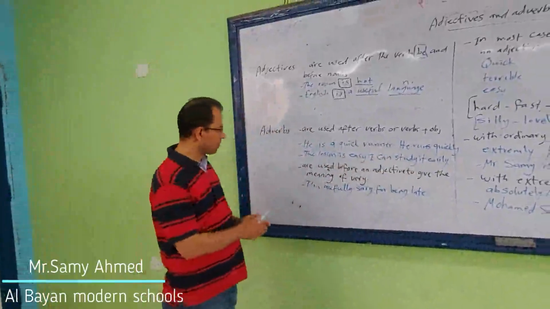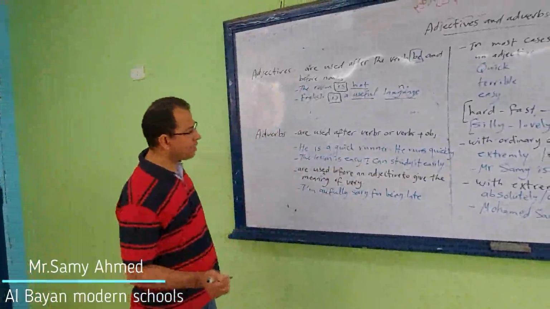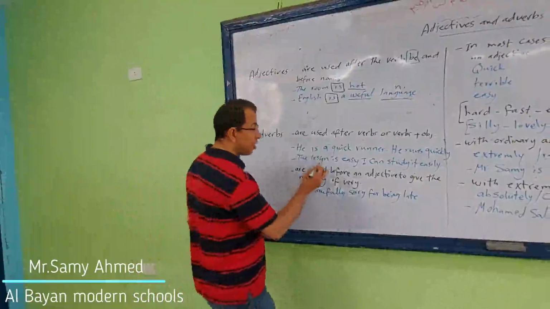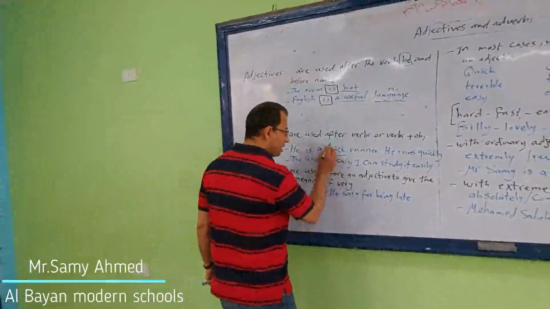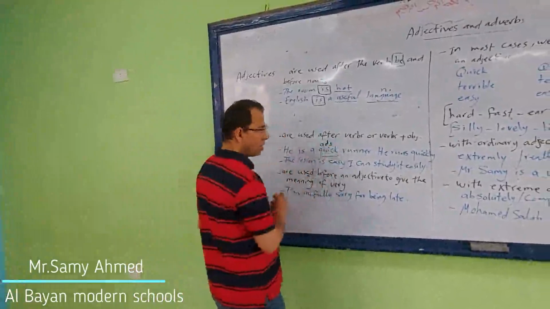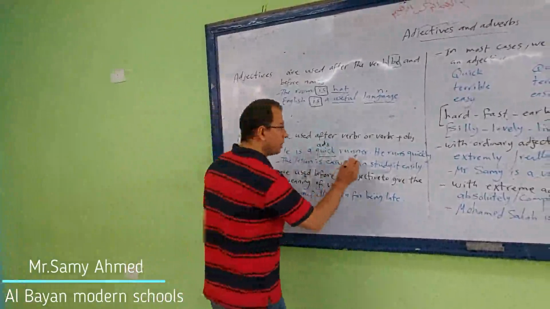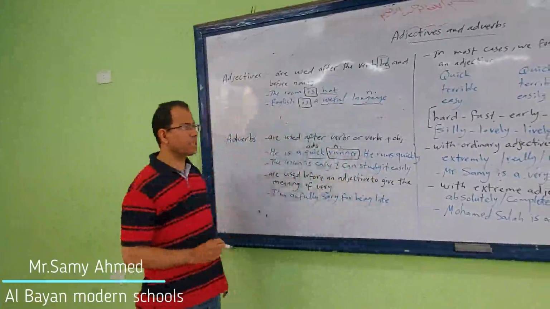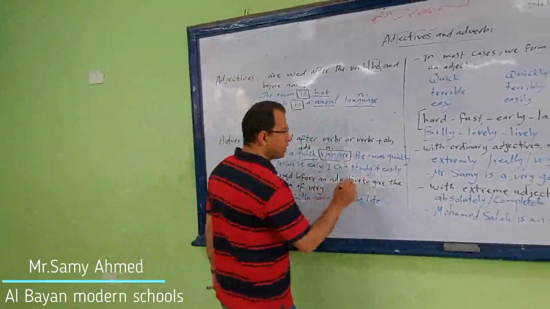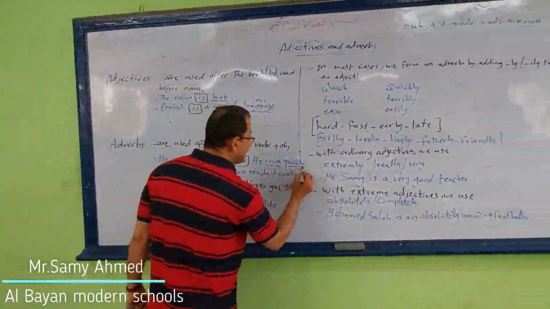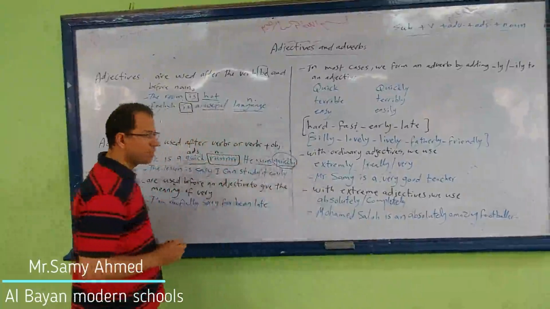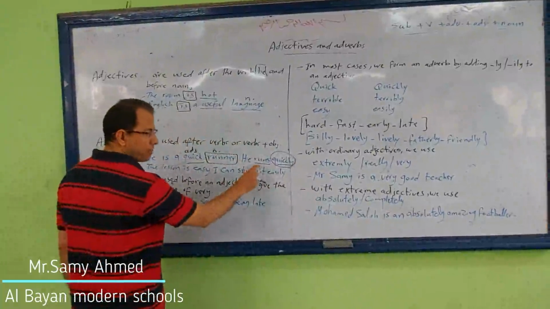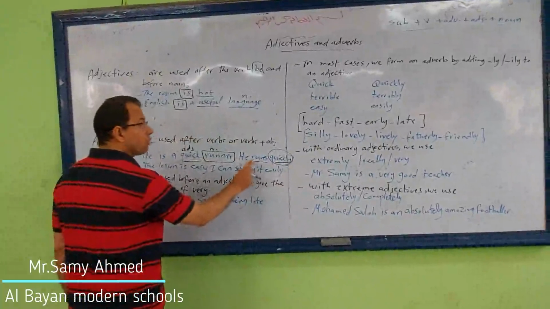For example, he is a quick runner. Quick is an adjective. How do you know that this is an adjective? It is followed by a noun. The word runner is a noun. But when we say he runs quickly, quickly is a word which describes the running of that person.